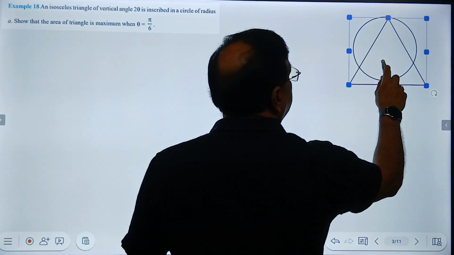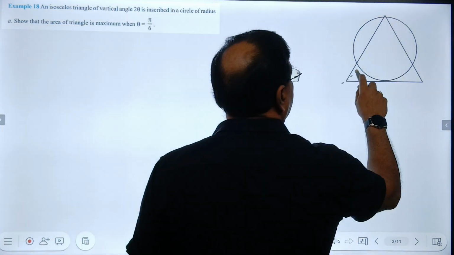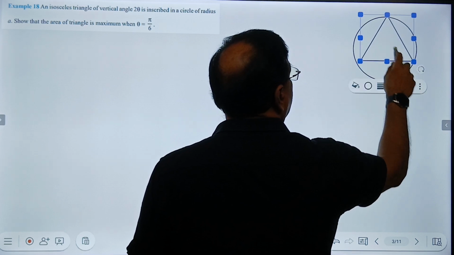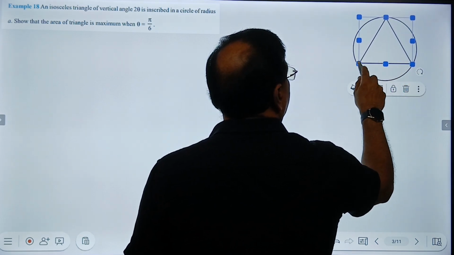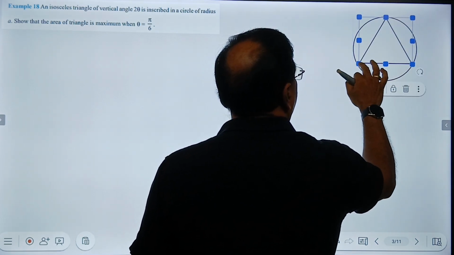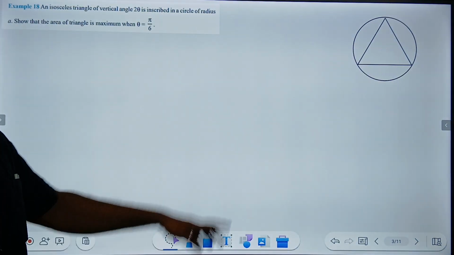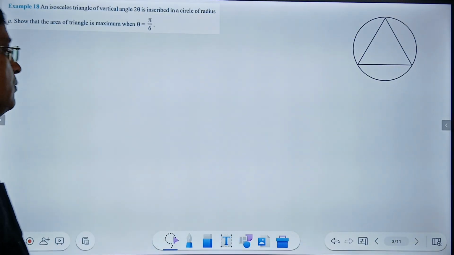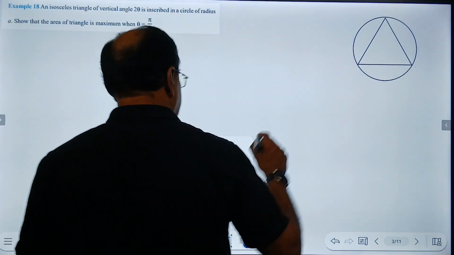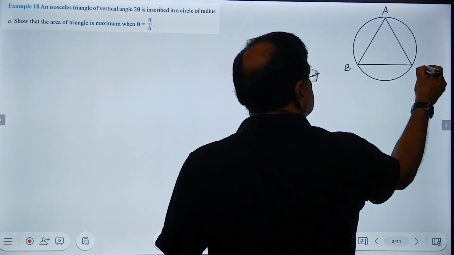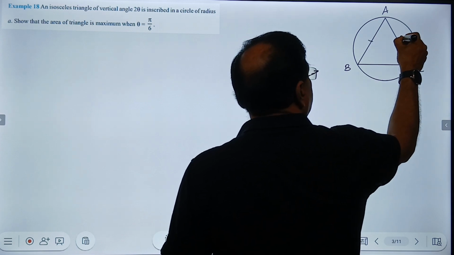And it is inscribed. Okay, so this is my isosceles triangle. Let me name it as A, and this is B, and this is C, and obviously these two are equal.